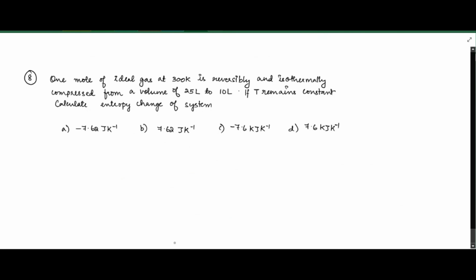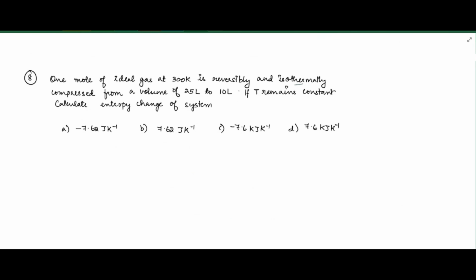It's a good question. See what is given. 1 mole of an ideal gas at 300 Kelvin is reversibly and isothermally compressed from a volume of 25 liters to 10 liters. If T remains constant, isothermal is already stated.